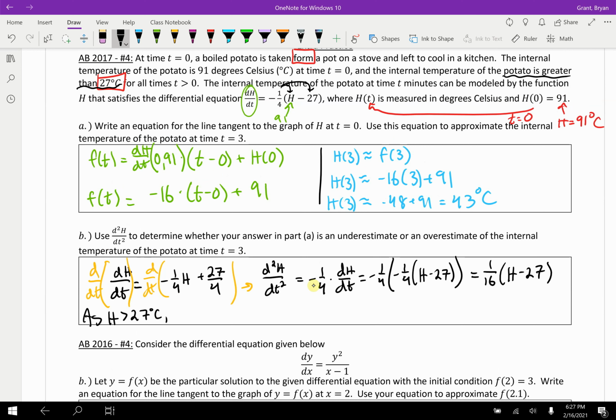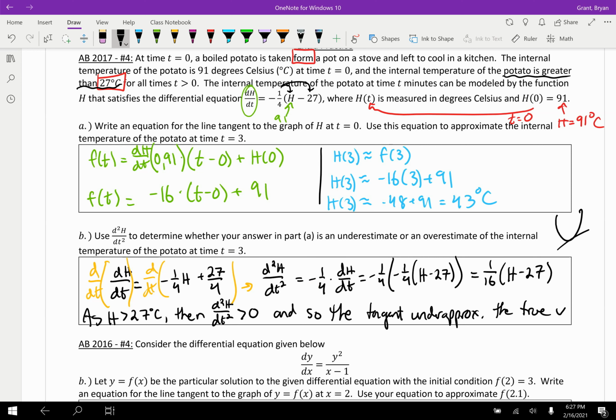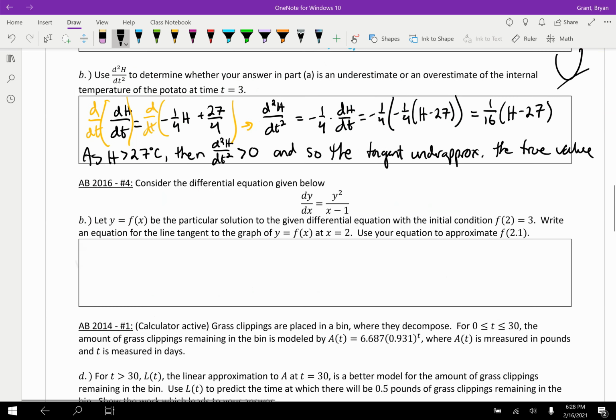Then d²h over dt² is greater than 0, so concave up, the tangent under approximates the true value. Nice. And I apologize for the lack of space. I was trying not to take up too many pieces of paper here. So we're doing okay. All right, let's look at our next one.